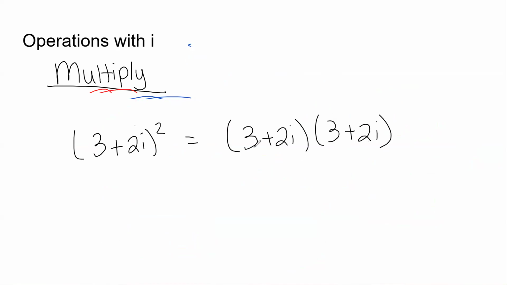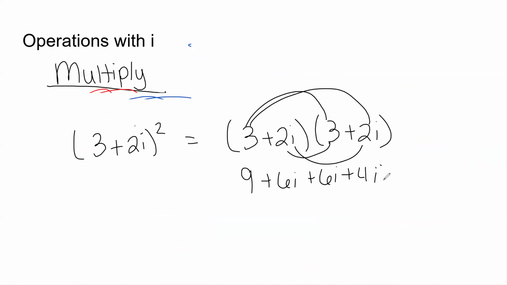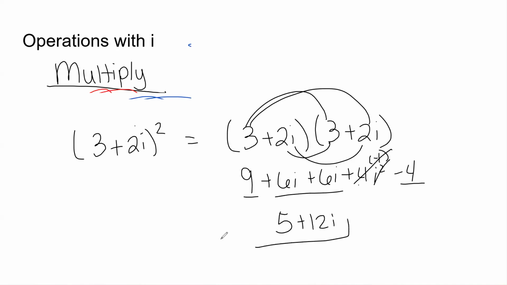Don't try to do it without rewriting. 9, 6i, 6i, 4i squared, but he's our superhero, negative 1. 4 times negative 1 is negative 4. 9 minus 4 is 5, and this would combine to be 12i. So if you do get that square, just rewrite it real fast and then FOIL it out.